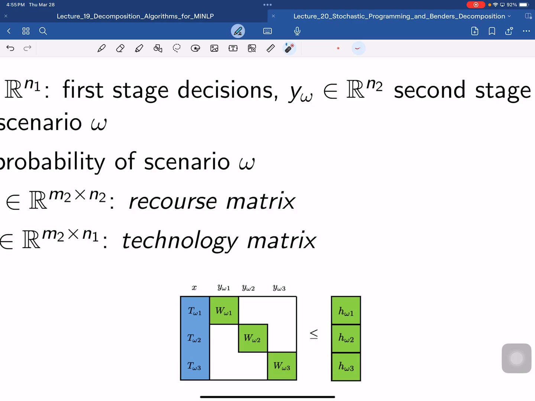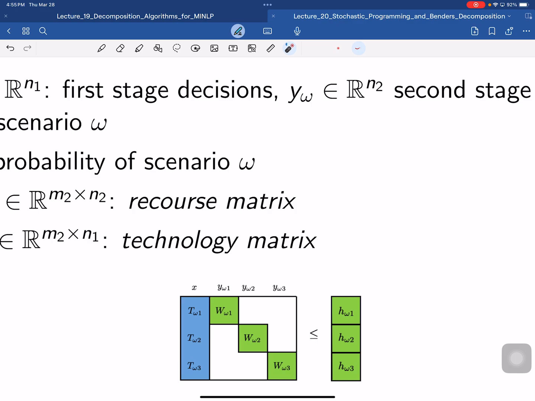So are you solving for an x in each scenario in that case? Yeah, so that's another decomposition. I haven't talked about how we are going to decompose them, but in this case, we have a way of decomposing them. In the next lecture, perhaps we will talk about Lagrangian decomposition, and then we are doing exactly what you said: you have an x for each scenario.